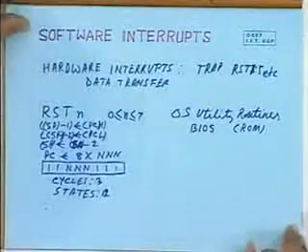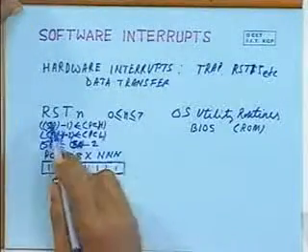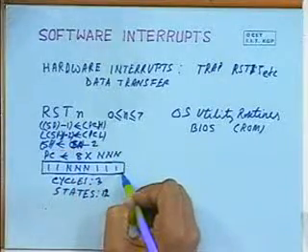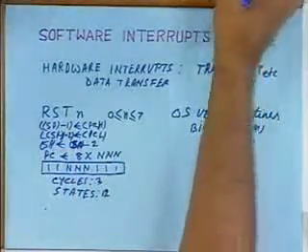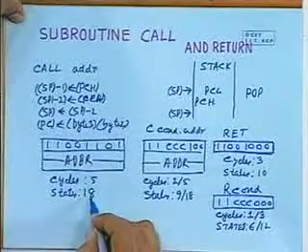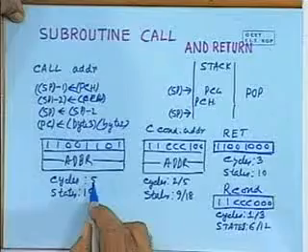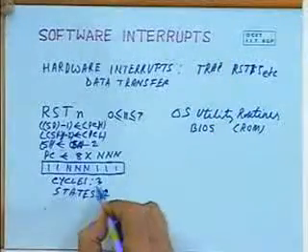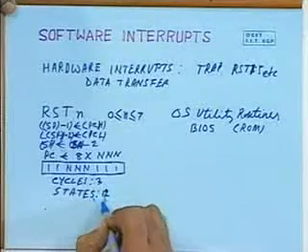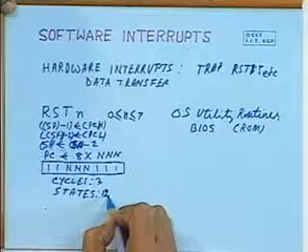The reason is that software interrupts are faster than subroutine calls. Subroutine calls, we have seen, require quite a long time: 18 clock states or 5 machine cycles. On the other hand, software interrupts require 3 machine cycles instead of 5. The number of states is 12 instead of 18.